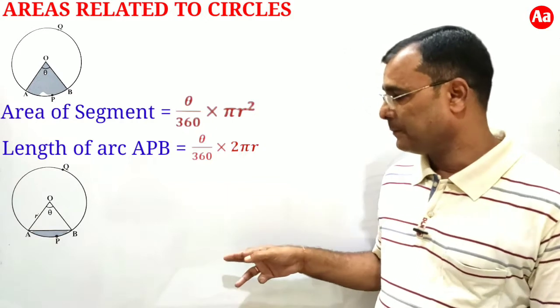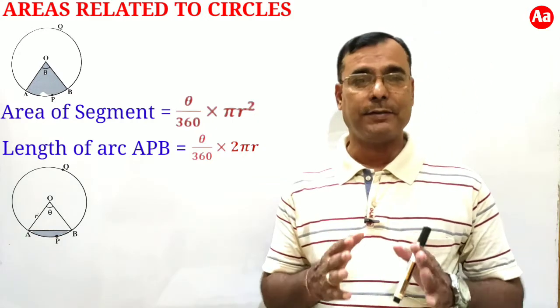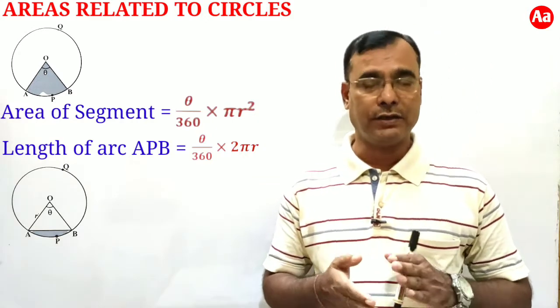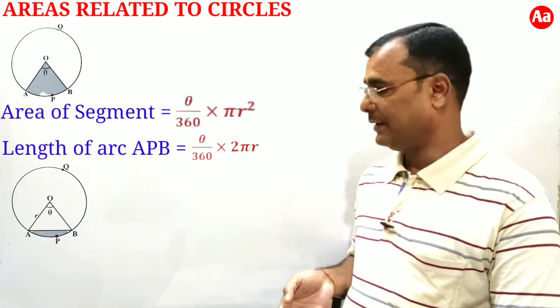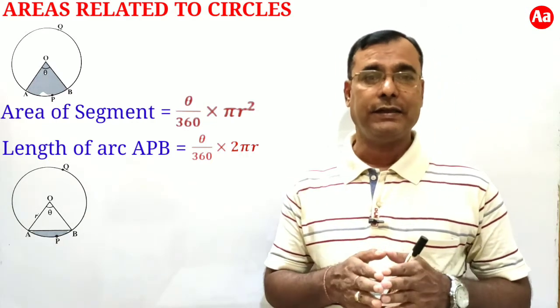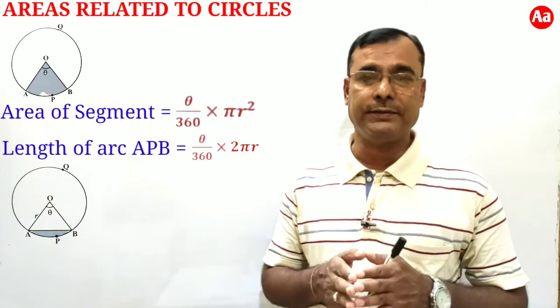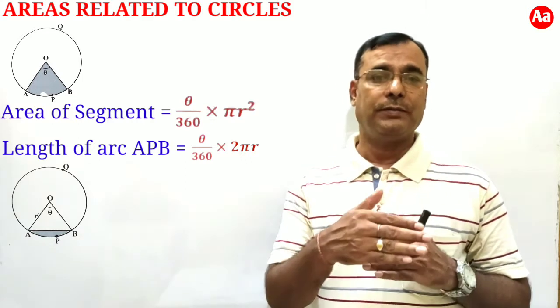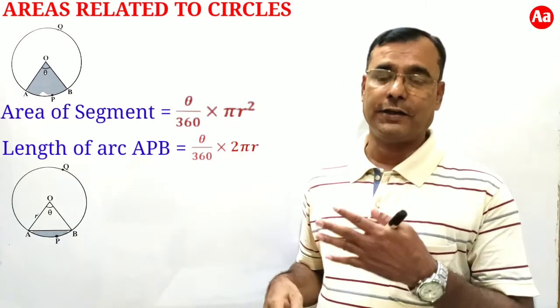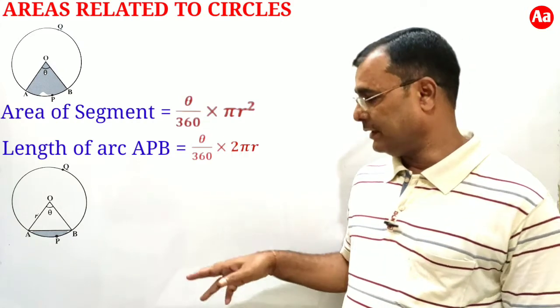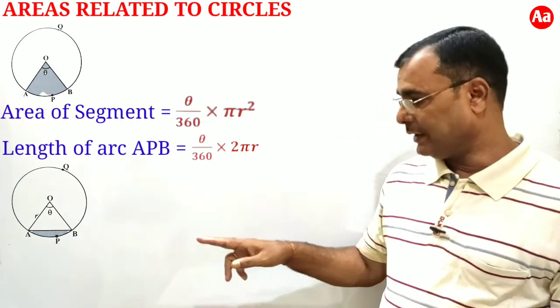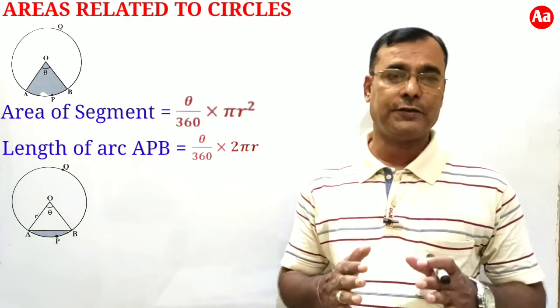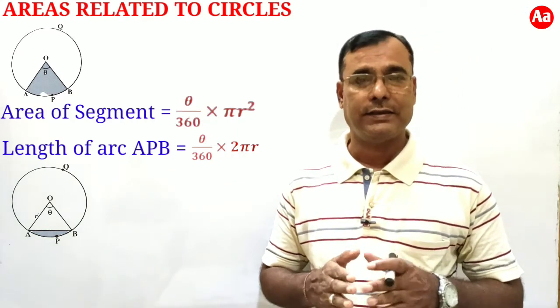Now in this figure, APB is a segment of the circle with center O and radius R. A segment of a circle is part or portion of the circle enclosed between a chord and the corresponding arc of the circle. Here AB is a chord and APB is the corresponding arc of the segment.